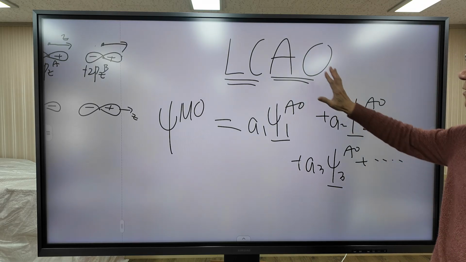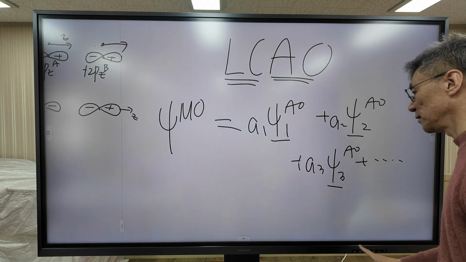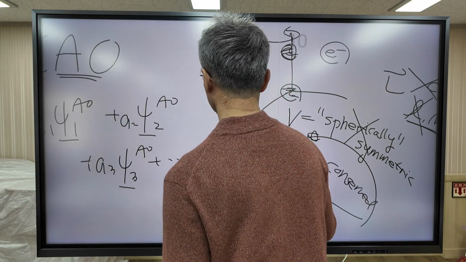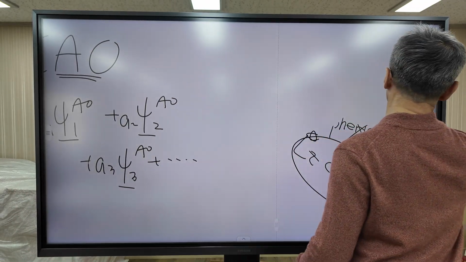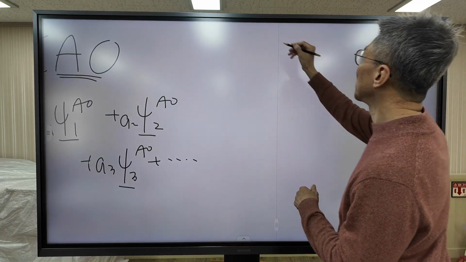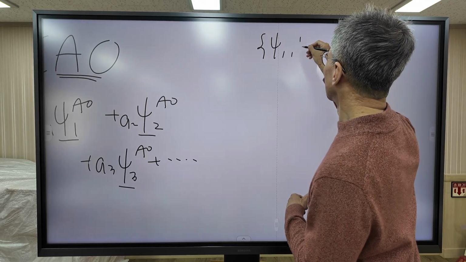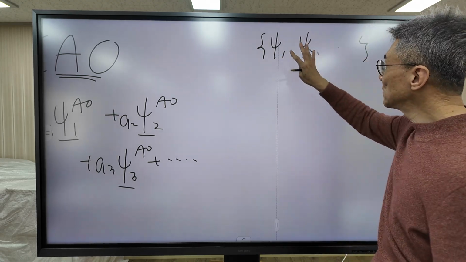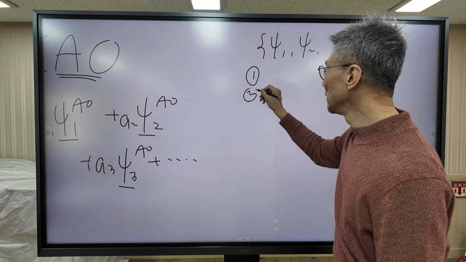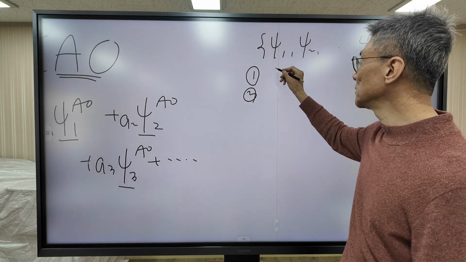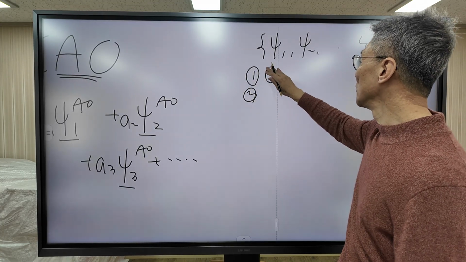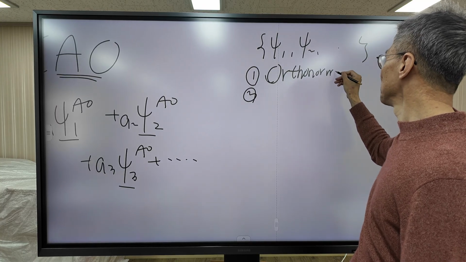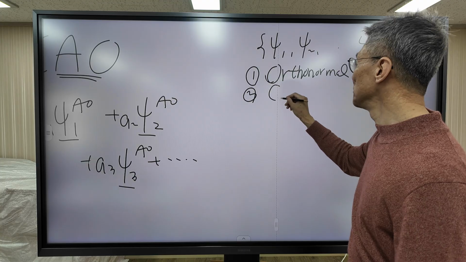I'm going to explain this in more mathematical terms. As I said repeatedly, when you solve the Schrödinger equation, the solution forms a set, and this set satisfies two important properties. The first property is the orthonormal property. The second property is that it is a complete set.